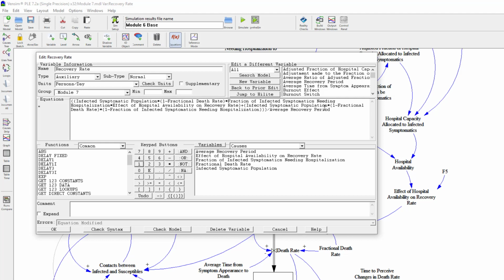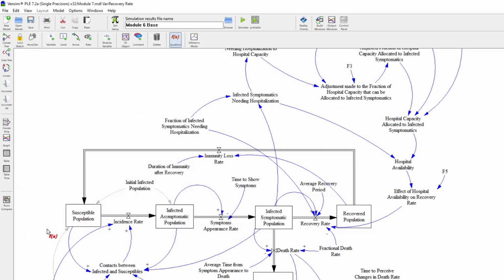Infected symptomatic population multiplied by 1 minus fractional death rate multiplied by 1 minus fraction of infected symptomatic needing hospitalization. And then we divide this whole thing by average recovery period. Okay? Alright. So that's that.